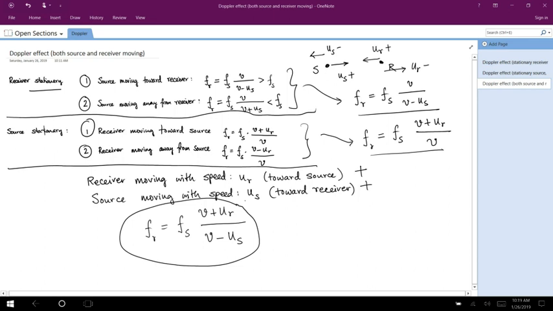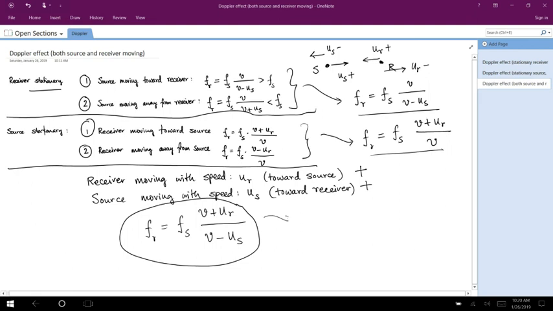See that in each of these cases, if we now take the limiting situation where the receiver is moving with speed 0, that's a stationary receiver. That means Ur equals 0, and you get back fR equals fS times v over v minus Us. And similarly, when Us is equal to 0, that is the source is stationary, you get back fR equals fS times v plus Ur over v, right?